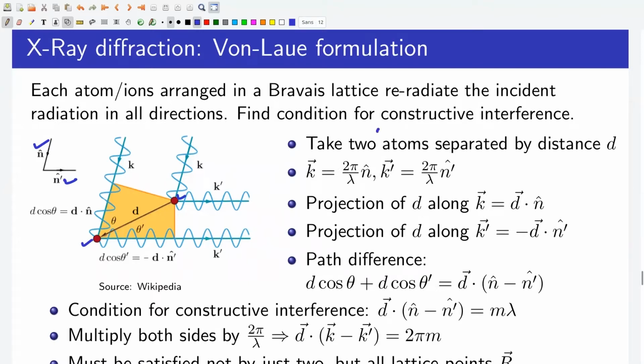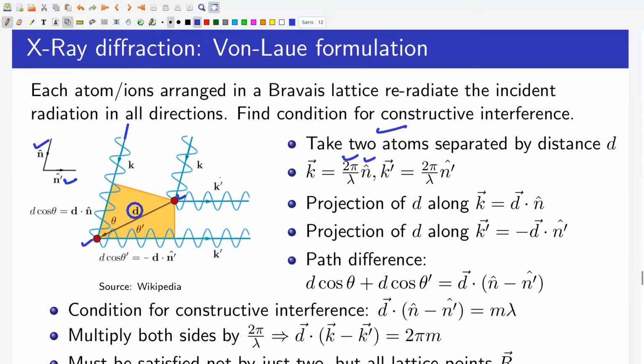Let us take two atoms separated by a distance d. So we have atom 1 and atom 2, and they are separated by a distance d. Now we define the wave vector k. K is the wave vector of the incoming wave, with magnitude equal to 2 pi by lambda times its direction n hat.